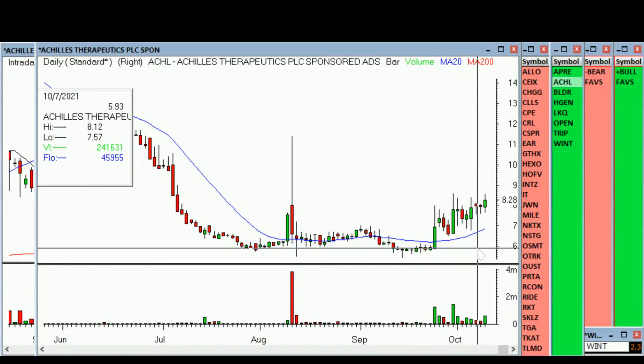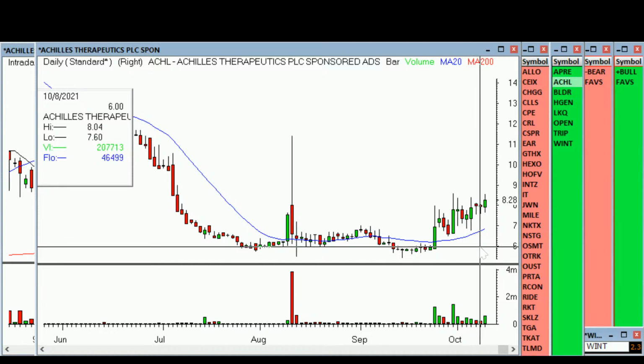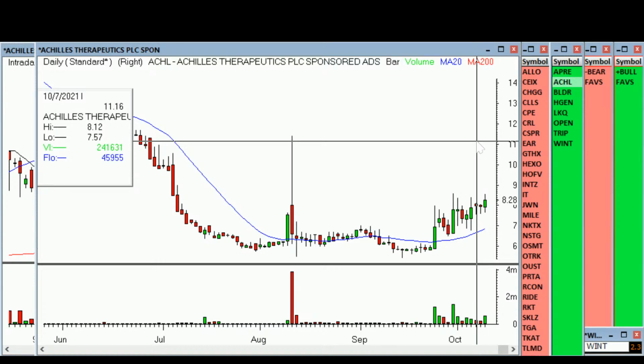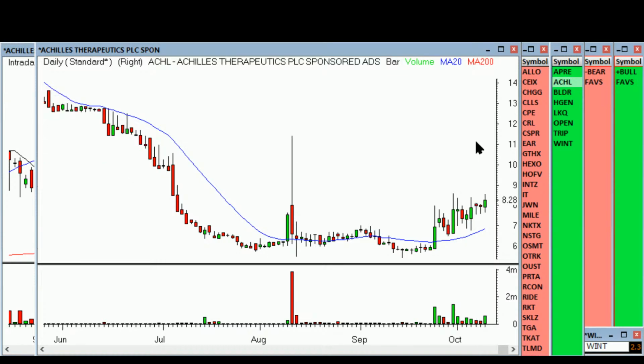Stop under the last 4 bars, 7.57. Wow, exactly $1. Target $11. Looks decent, except for the market and the sloppiness with all these tails. I'm probably not going to do anything long tomorrow, to tell you the truth. So ACHL goes on the favorites for tomorrow.